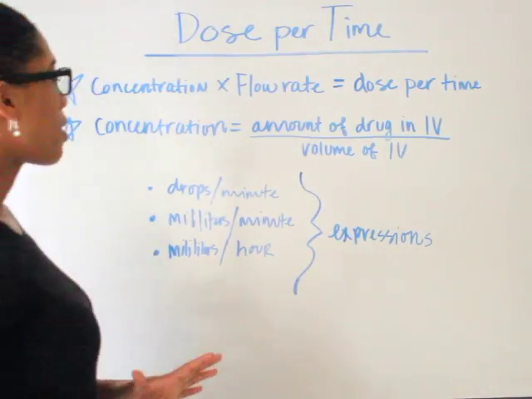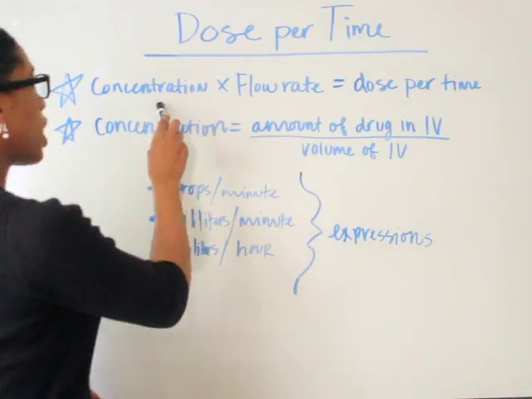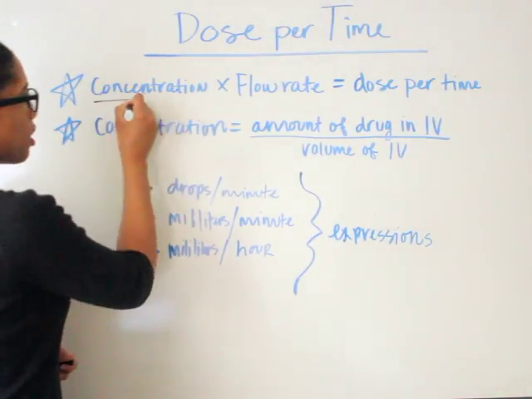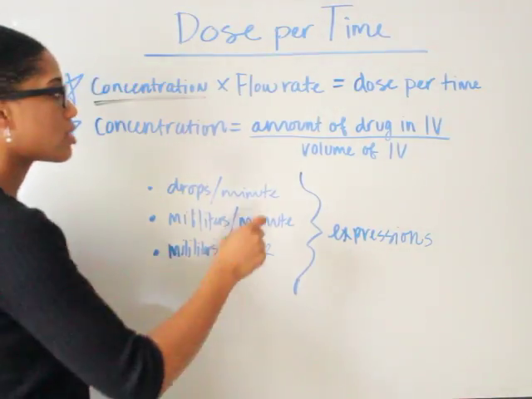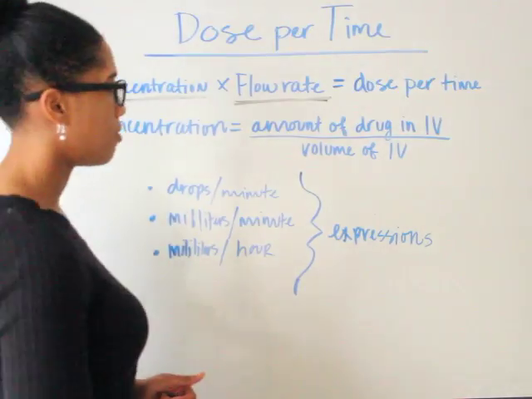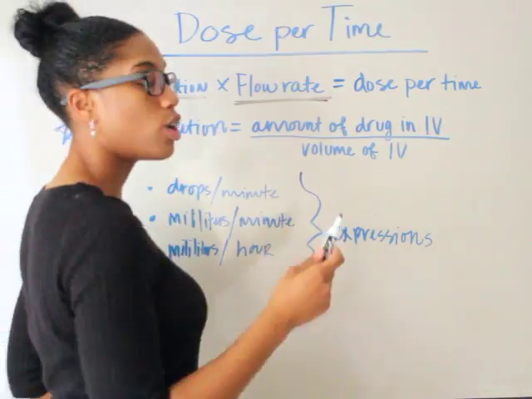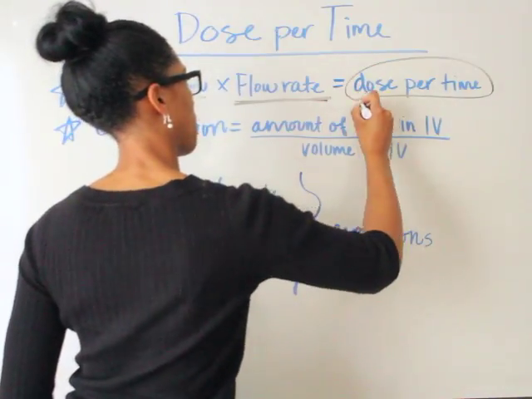So let's think about it first. The first thing that we need to know is our concentration, what is the concentration that we're given. And the second thing that we need to know is our flow rate. What is the flow rate that we're given? And when we multiply those two together, that's going to give us the dose per time.